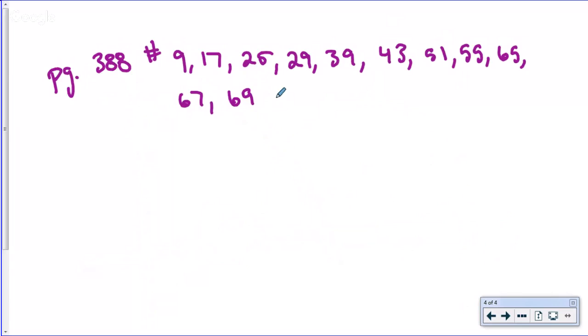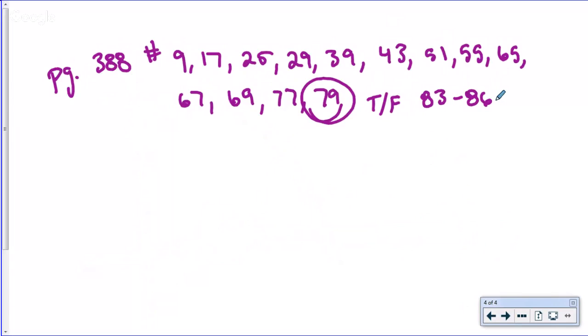Quite a few word problems in here. 77. And let's look at a mistake problem. Let's check out number 79 for your mistake problem. And then I like to look at the true false because we have true false on the test. Let's look at 83 through 86. Here are 4 true false problems for you.